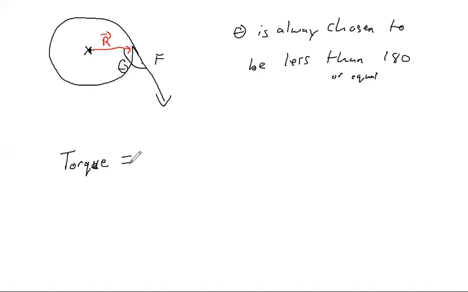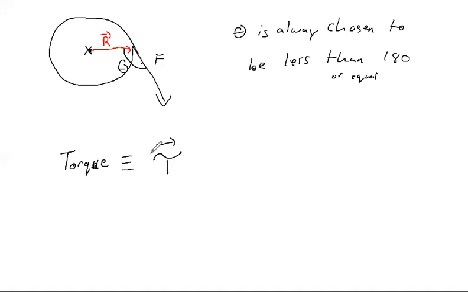Torque is defined to be, well, first of all, the symbol we will use is a Greek letter tau. It's not a T, it's a Greek letter tau. It will be a vector quantity, but like all rotational quantities in this class, it'll point in the Z direction for a rotation in the XY plane.